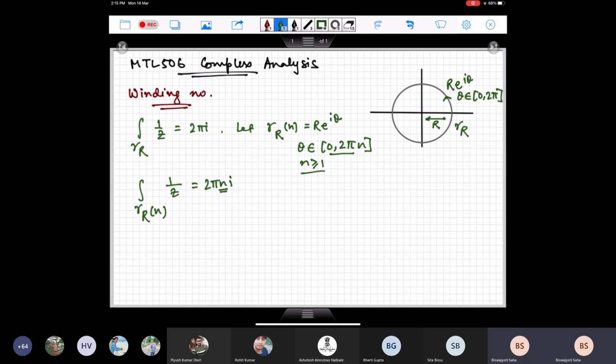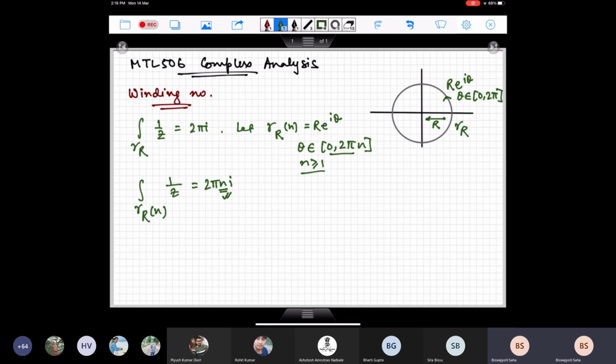So what we see is that this n that I have over here in some way distinguishes gamma r and gamma r n, and it really tells me that even if the trace of the path is the same, there is something which is different. So this is what brings us to the concept of winding number.